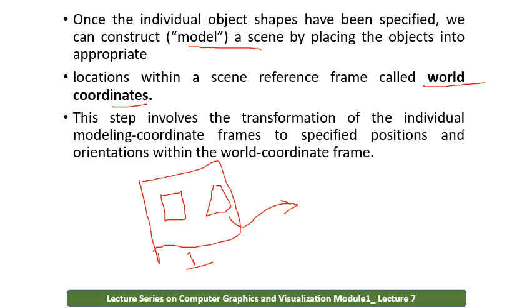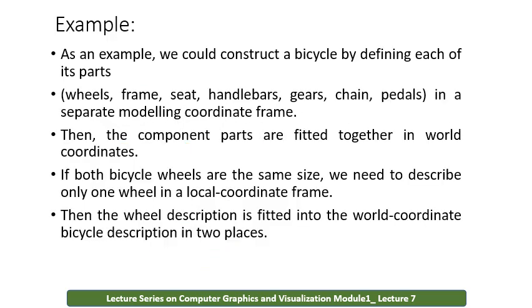This step involves the transformation of the individual modeling coordinate frames to specified positions and orientations within the world coordinate frame. For example, we could construct a bicycle by defining each of its parts: wheels, frame, seat, handlebar, gear, chain, pedals. These are all separate parts of the bicycle, and each has a separate modeling coordinate frame.